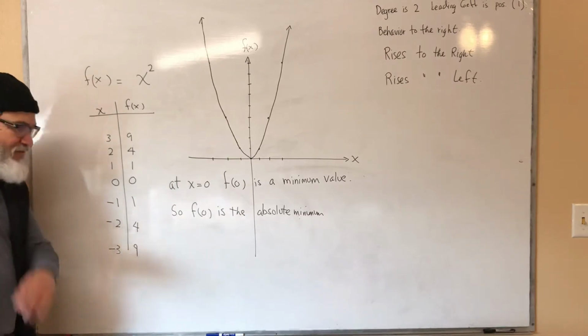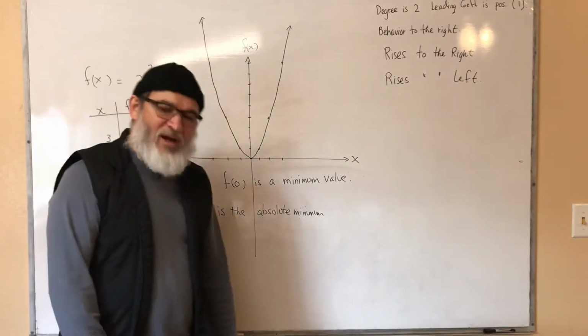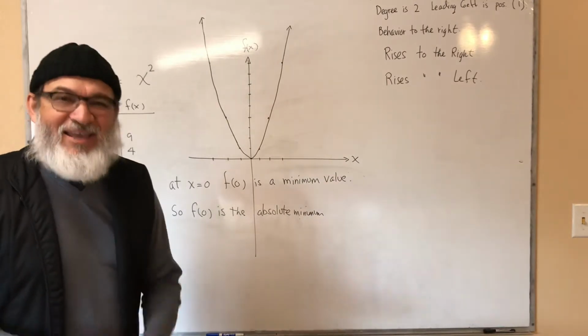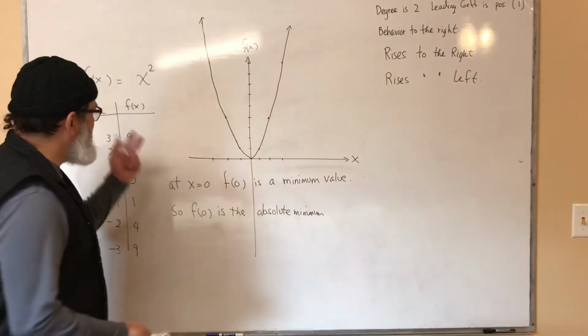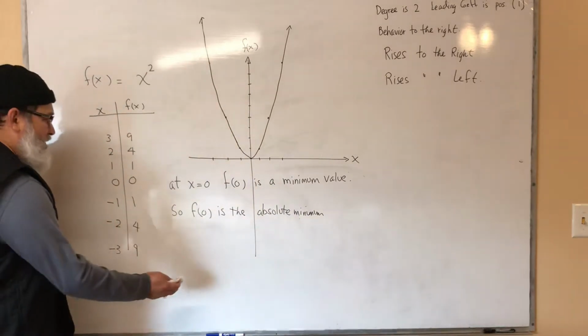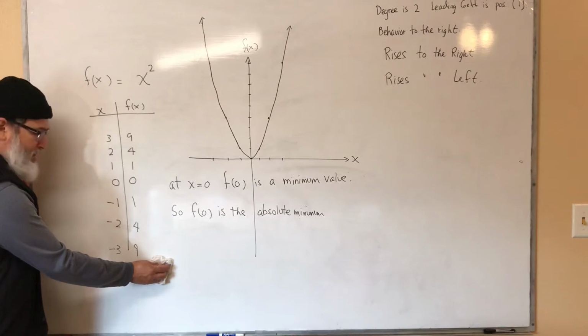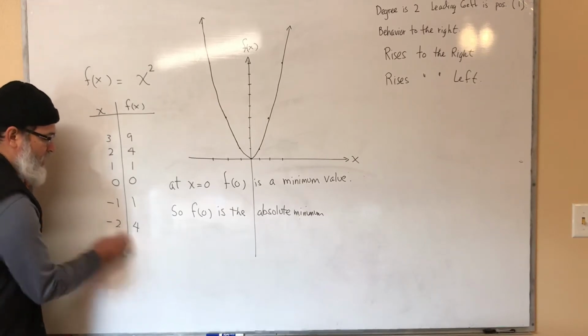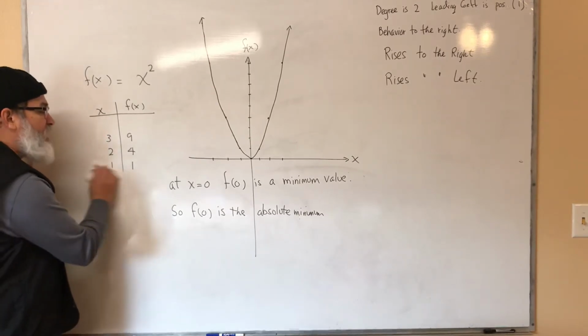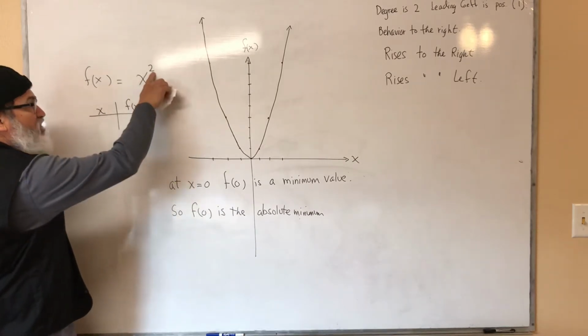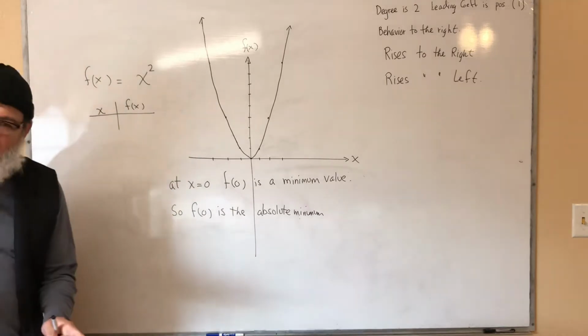And if you don't believe me, we can do another polynomial function of even degree. Watch this. So we have this already. Let's look at another polynomial function of even degree. Let's just change the degree. See this degree? I'm going to change it, but I'm going to keep it even.